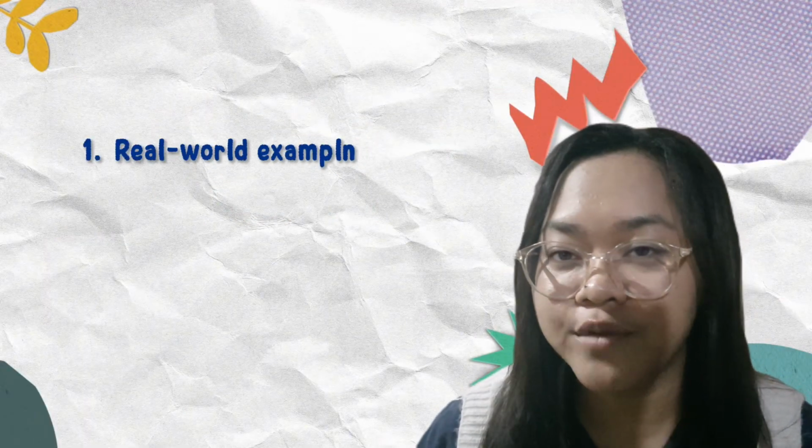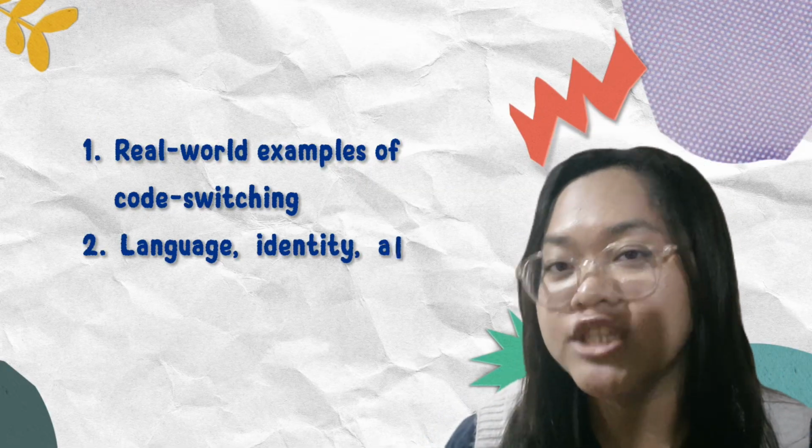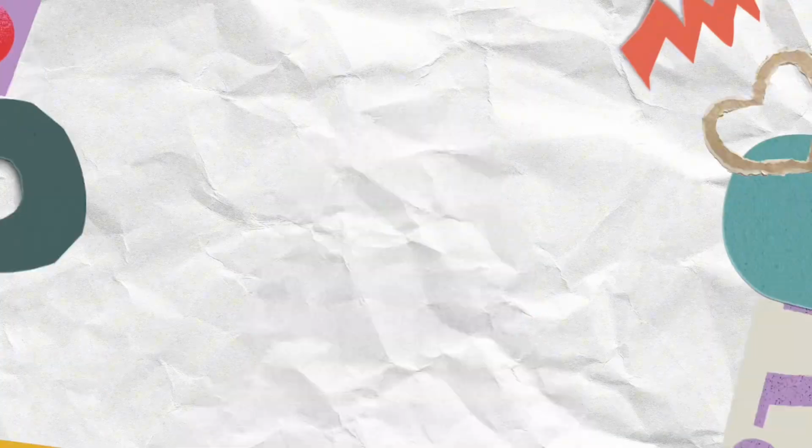We'll be analyzing these real-world examples of code switching and discussing what they reveal about language, identity, and culture. Instead of starting with theories, we'll show you the actual phenomena first and then analyze them using concepts we have learned in our sociolinguistic class.